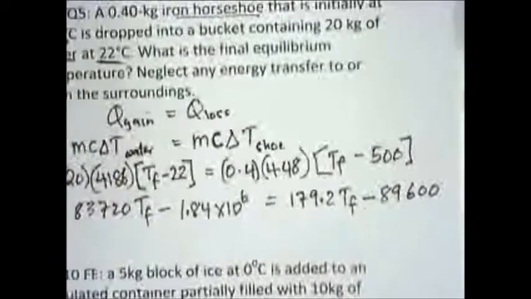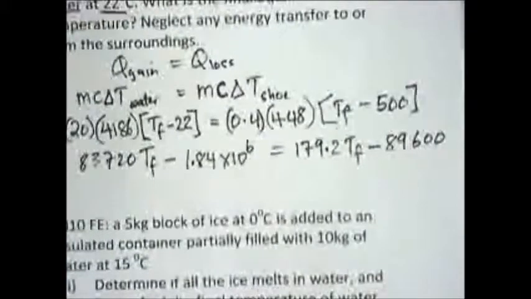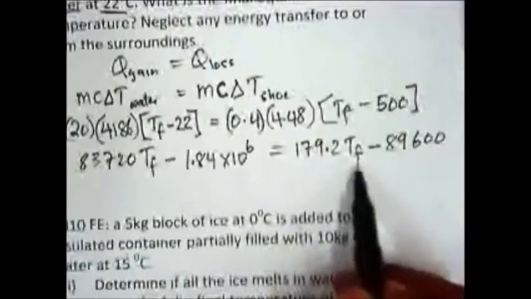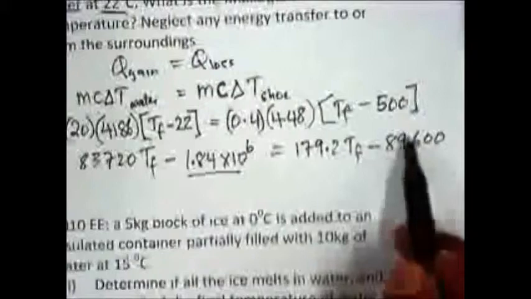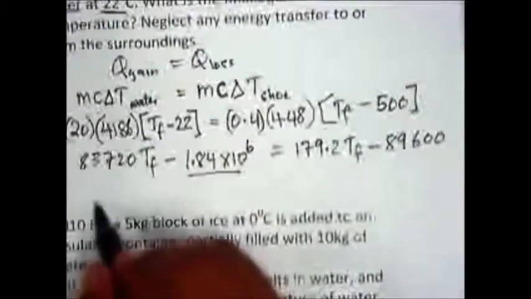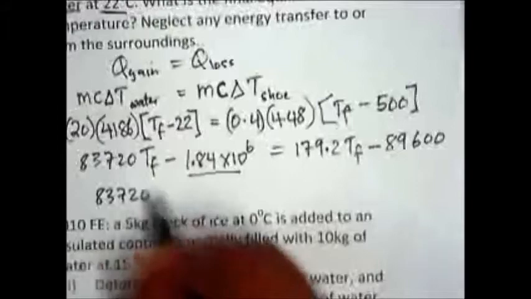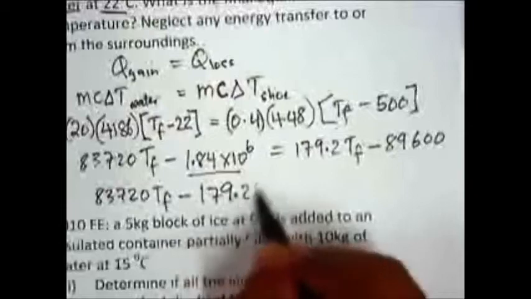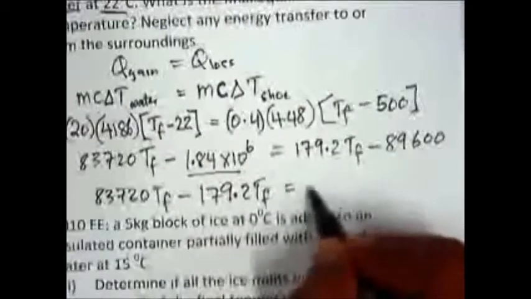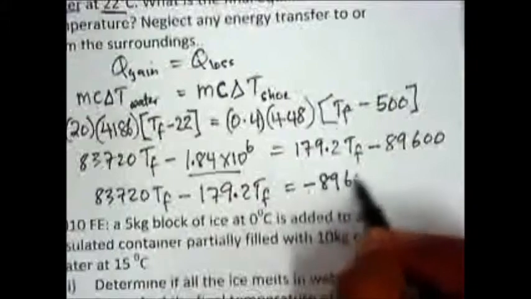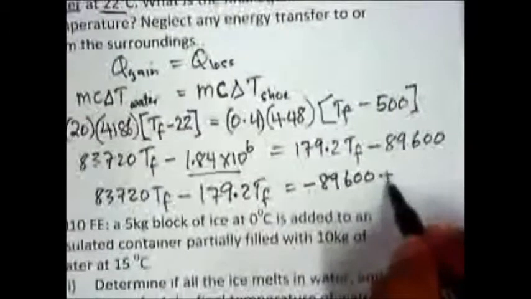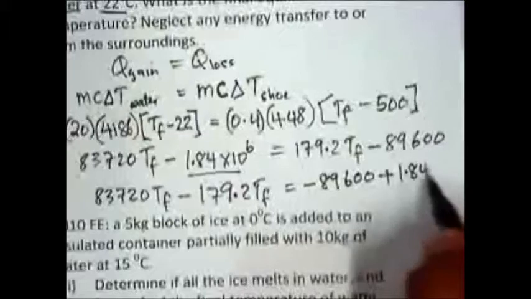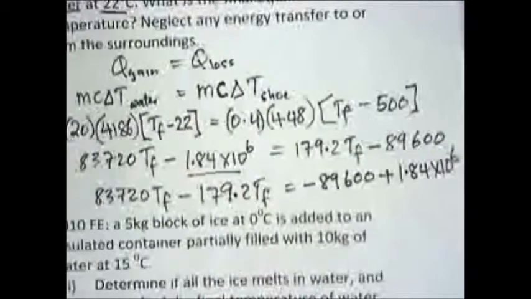Once you do that, you get your like terms together. You bring 179.2 TF to this side of the equal sign, and you take this on the other side, so you do opposite operations. It will become 83,720 TF minus 179.2 TF is equal to minus 89,600 plus 1.84 times 10 to the power 6.